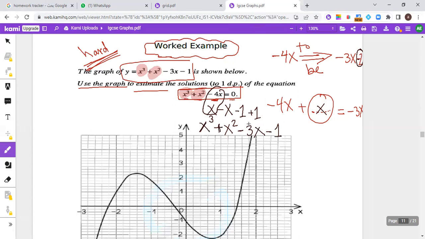Okay, now you have extra what? It's like this: x cubed plus x squared minus 4x, and then add x, subtract x, minus 1, add 1 equals 0.